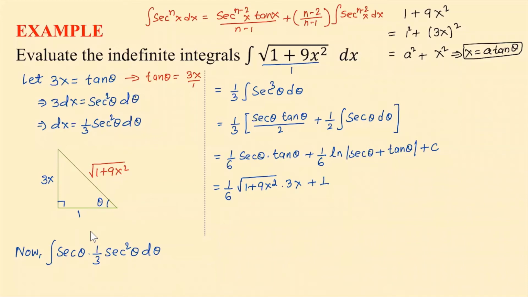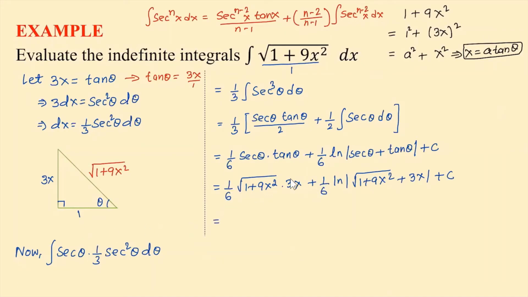Then plus 1/6 natural log of secant theta. Secant theta is square root of 1 plus 9x squared over 1, which is square root of 1 plus 9x squared, plus tangent theta. Tangent theta is 3x over 1, which is 3x, then plus c.